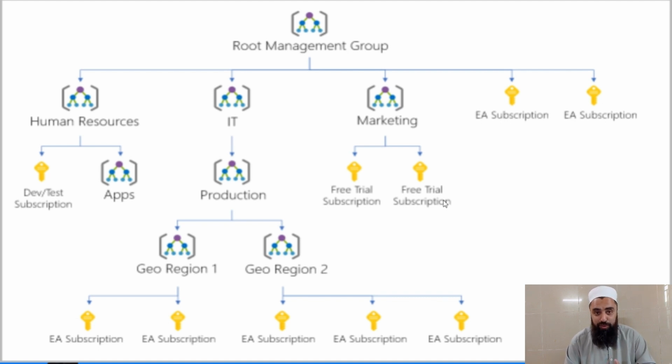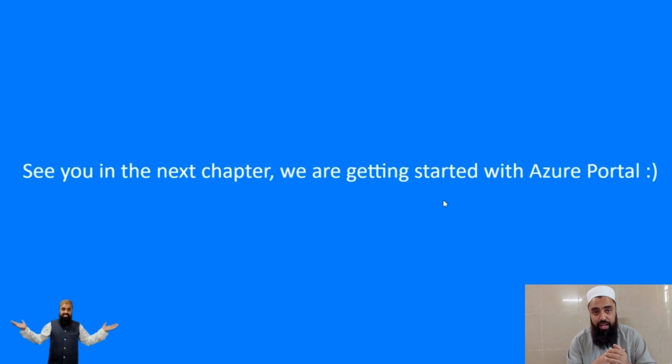So that's it for today's lecture, guys. I hope that you have a clear picture of Azure management groups. We discussed what is a resource. A resource can be a virtual machine. And we have already covered resource groups in our previous lecture on Azure physical infrastructure. We discussed subscriptions, which are used for billing and also for authorization and authentication.